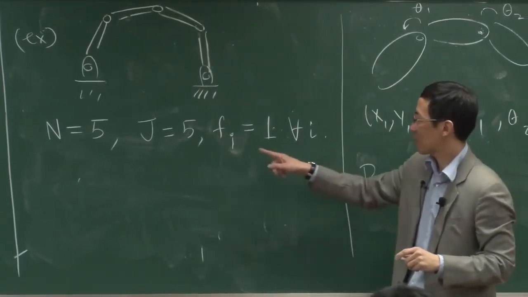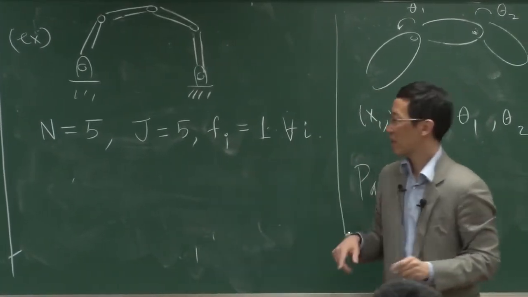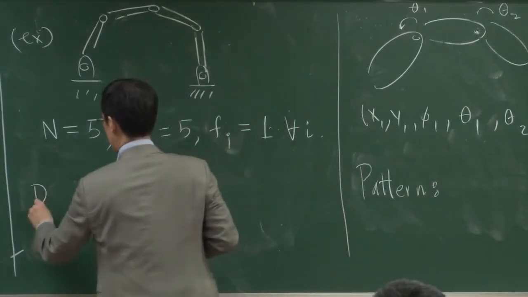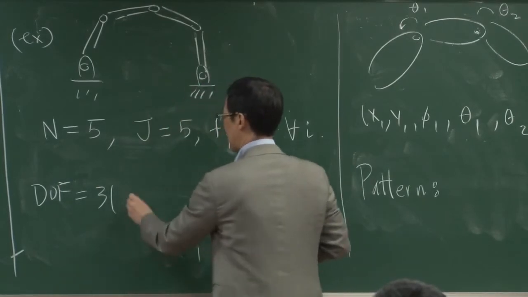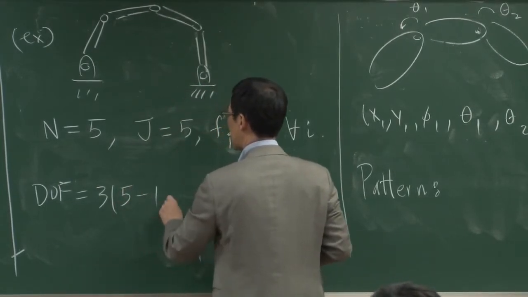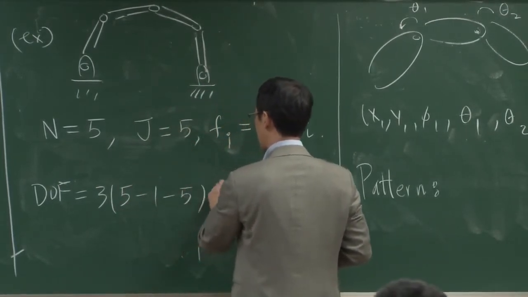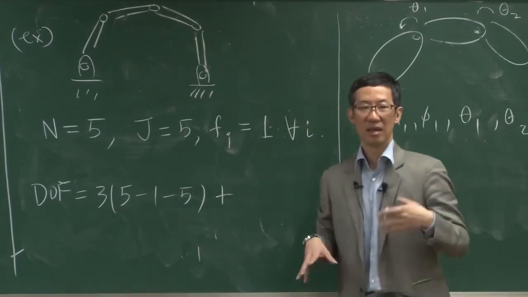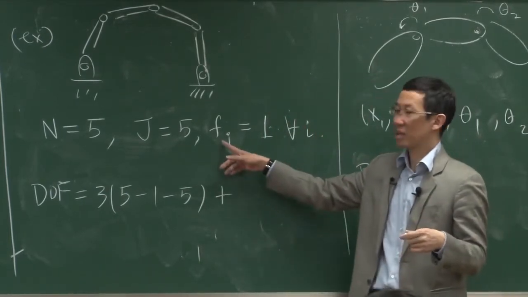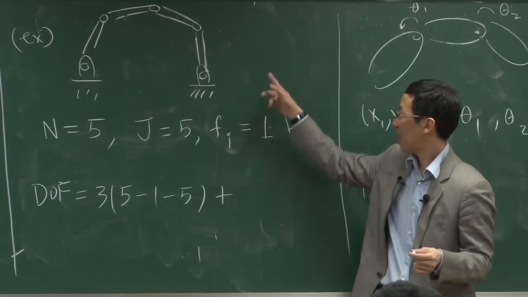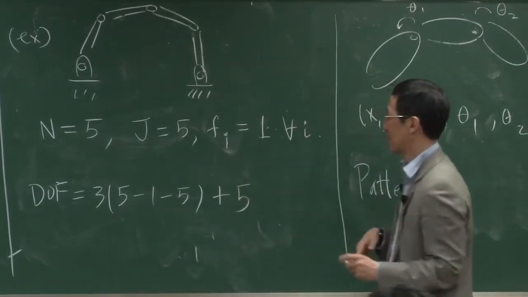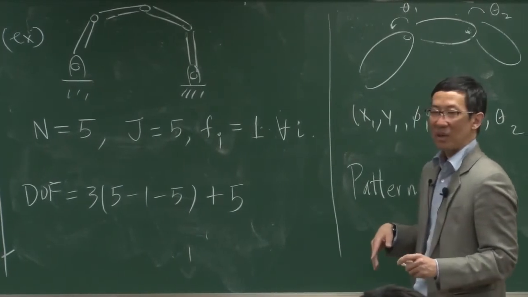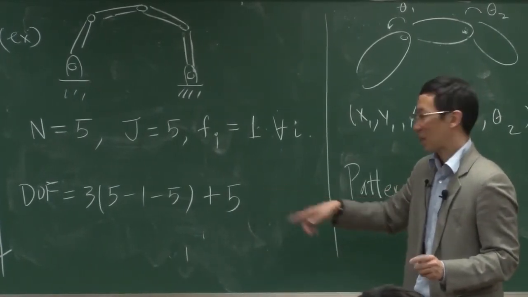Now let's plug these numbers into our formula. So DOF equals 3 times n, 5, minus 1, minus J, 5, plus the sum of all the joint degrees of freedom. So we have 5 1 degree of freedom joints, so this is plus 5. You can do the calculation.